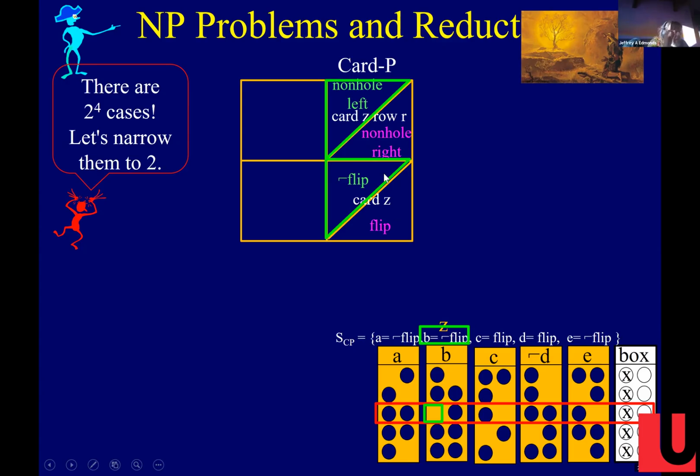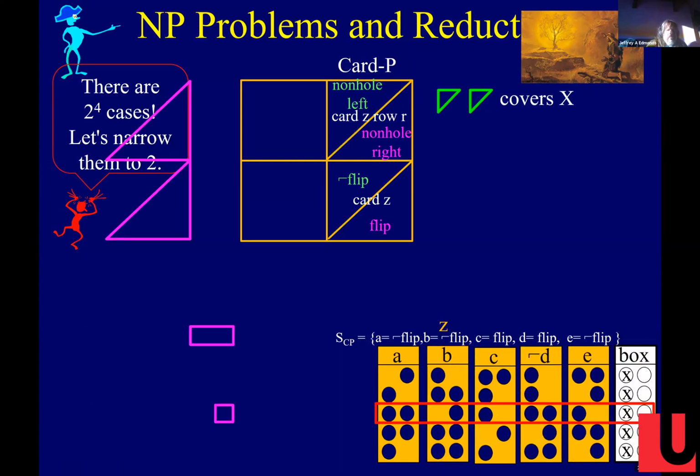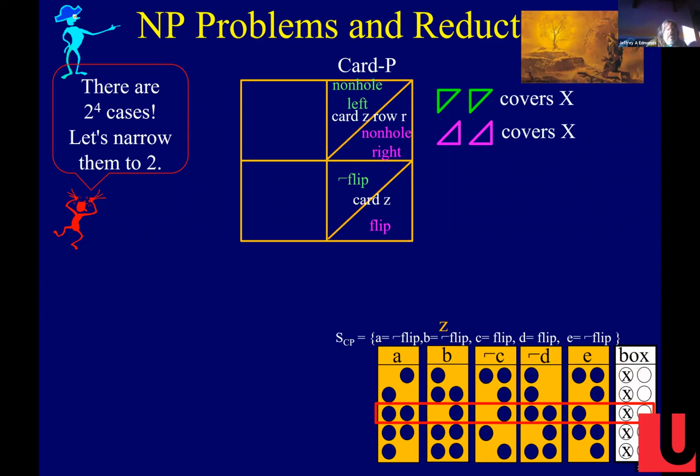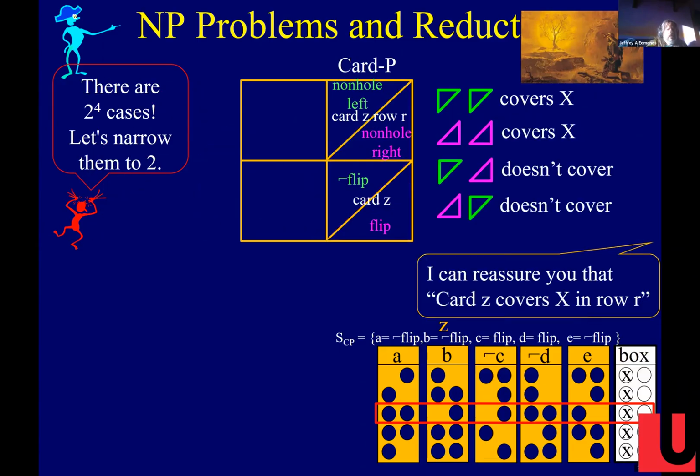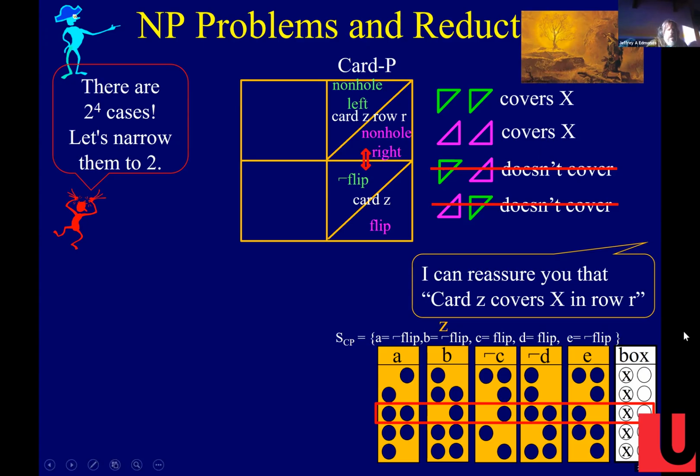We have a link here because we've promised that the solution to the card problem covers all the x's. So that gives us this link here, right? We have this link between the card's instance and the card solution because it's promised to be a good solution.